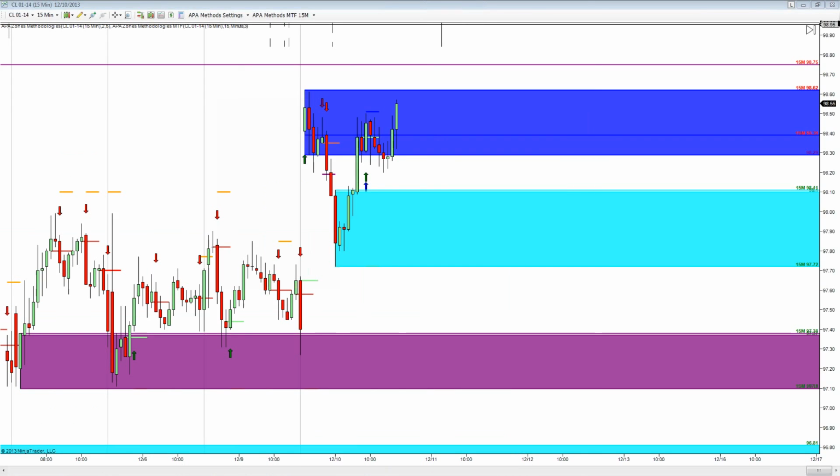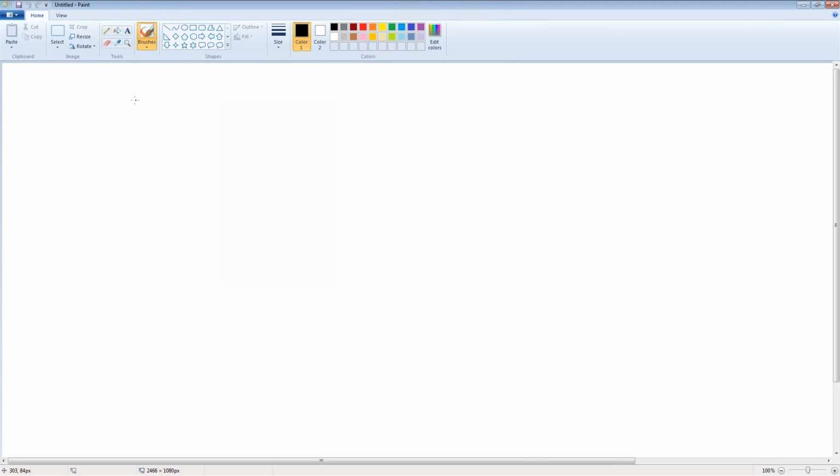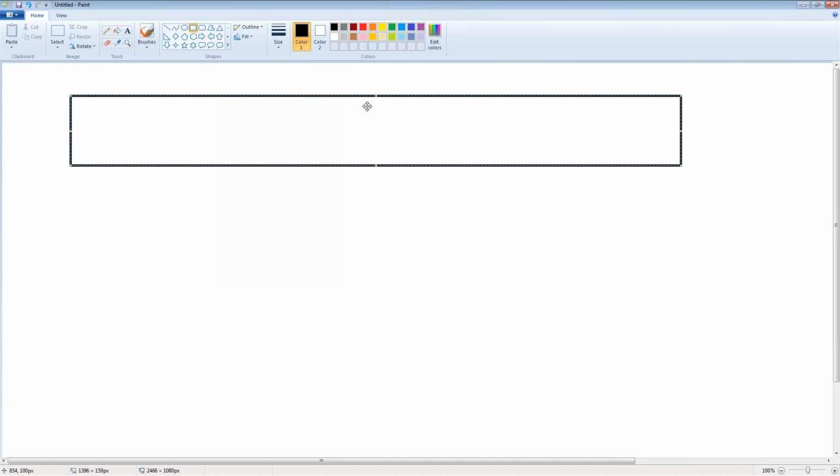Okay. So if we come over here to the Paint program, just so that you guys can understand where I'm going with this, and the level of sophistication that we're looking at exploring with this, let's say that we have a 60-minute time frame. Okay.